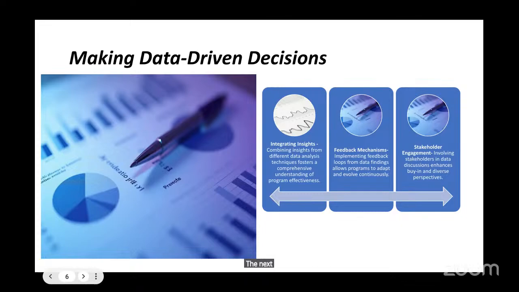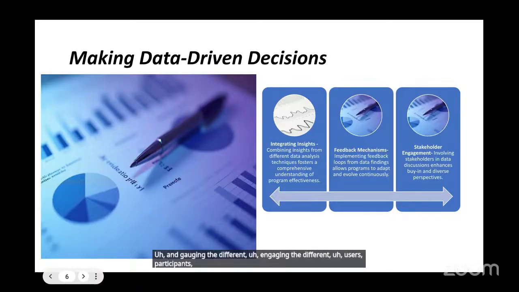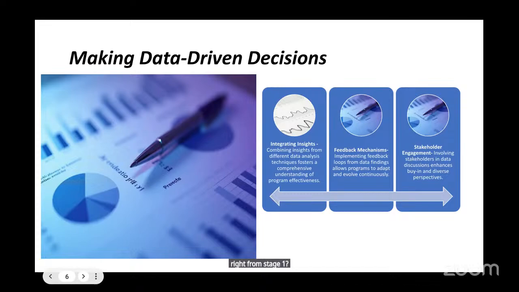The next important one is the feedback mechanism, which is almost 90% ignored. Gathering feedback is very important, and that is where the aspect of accountability also comes in. Engaging the different users and participants, right from stage 1 to the final stage of your intervention. You get to listen from them what they have liked most, what they feel should be improved.